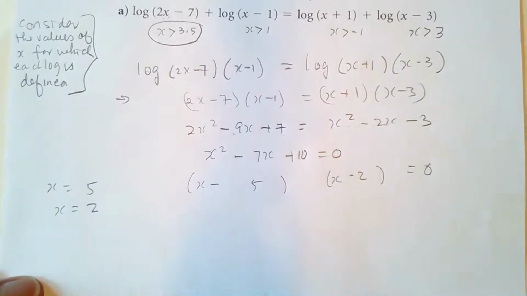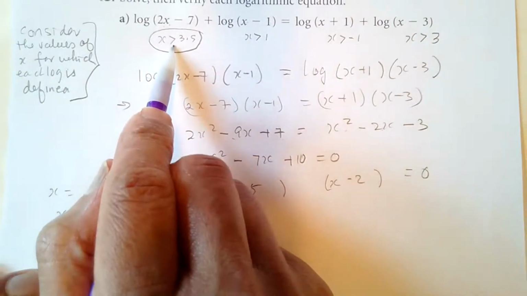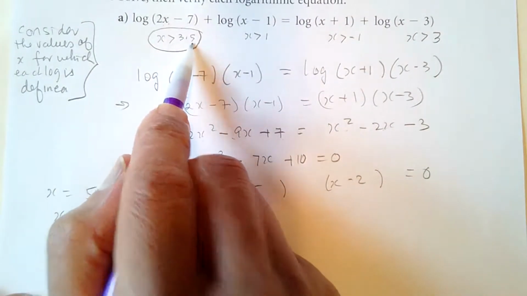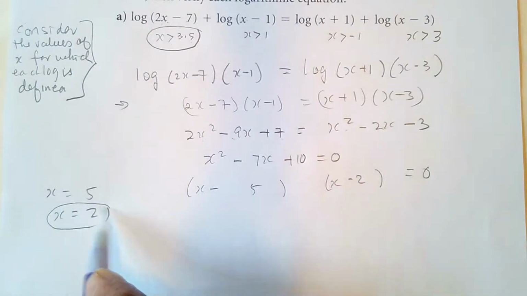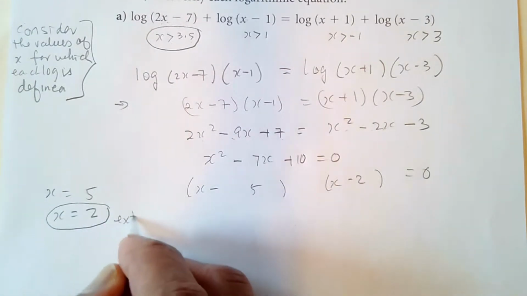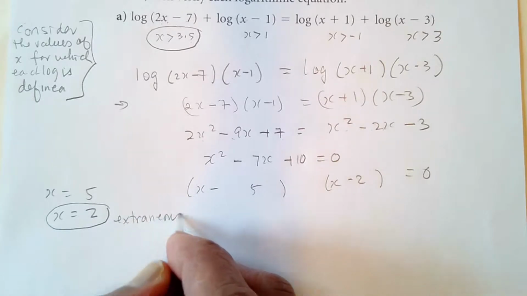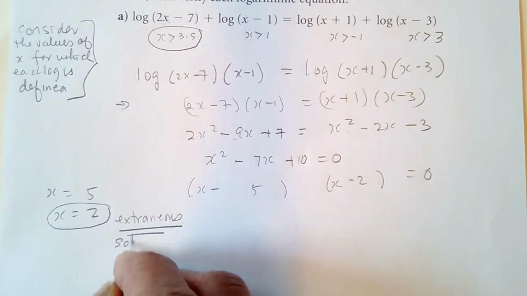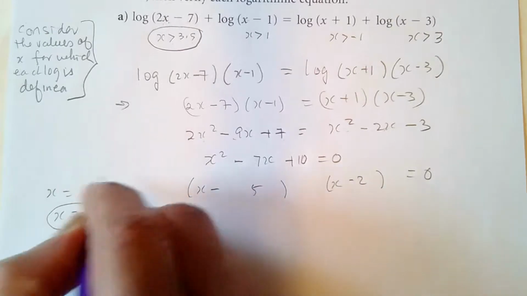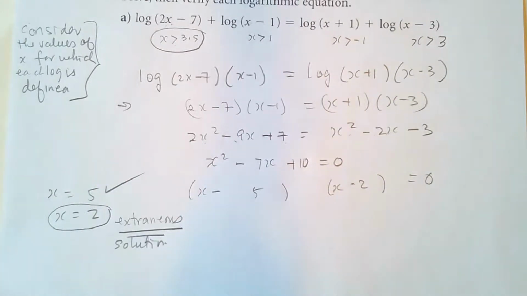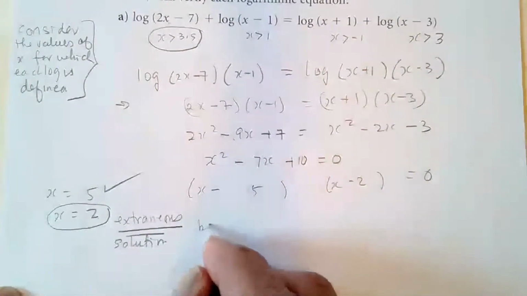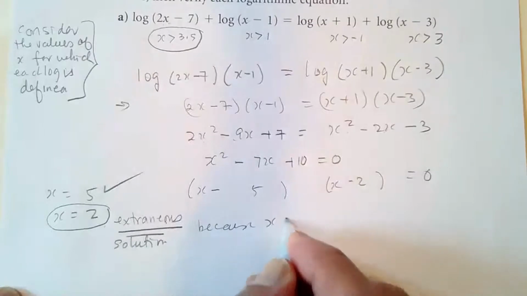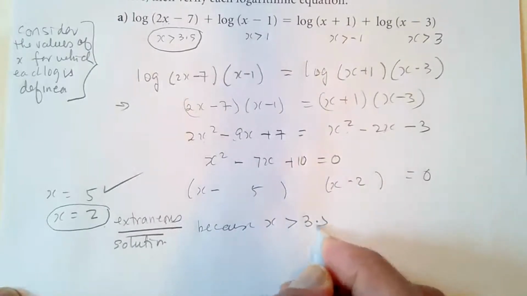Now, this is why you need to check, because x has to be greater than 3.5. x equals 2 is less than 3.5, so this becomes extraneous. So this is an extraneous solution, and x equals 5 is your solution. x equals 2 is extraneous because x has to be greater than 3.5.